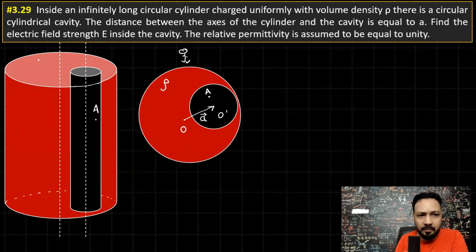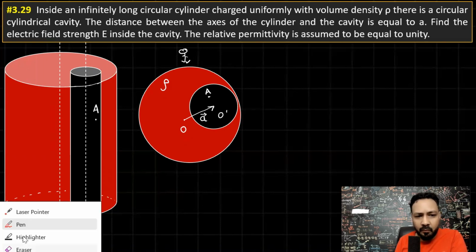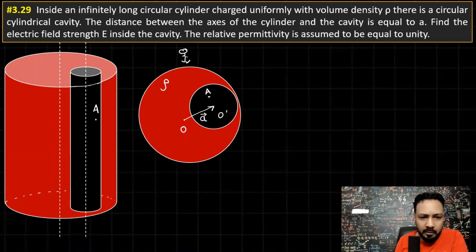So this cross section will look like this. Here is that general point where we want to find the electric field. Once again, I will put volume charge density rho, and in the cavity I will put two volume charge densities, one rho and one minus rho.